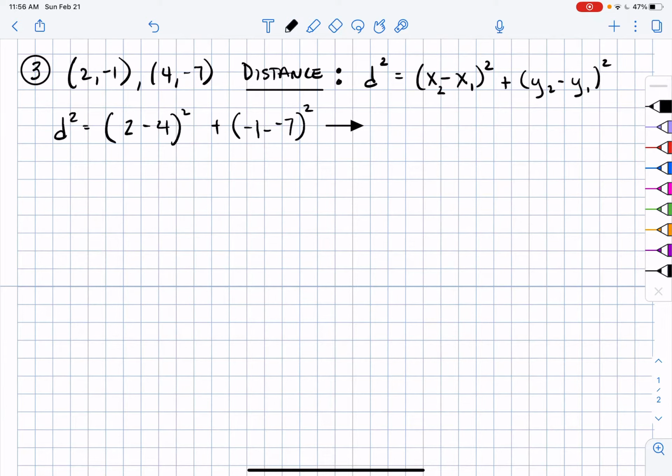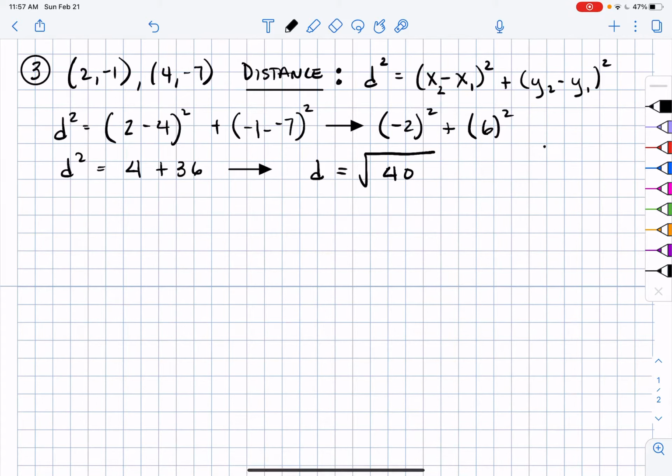What I actually have here is -2 squared plus, this is -1 plus 7. What's -1 plus 7? That's 6 squared. Okay, so that means my d squared is equal to 4 plus 36. So now I have that d is equal to the square root of 40.